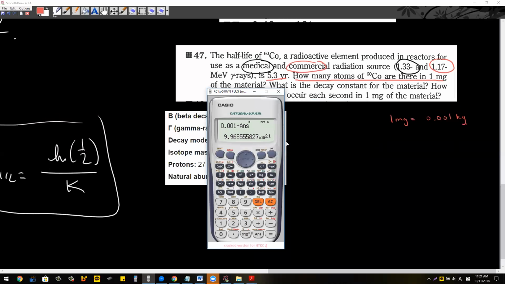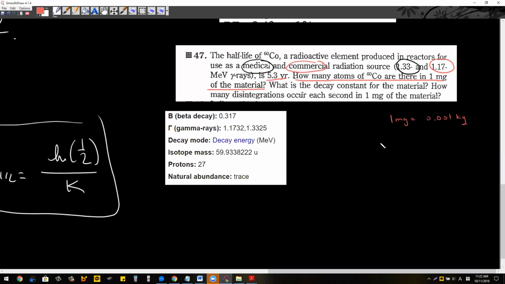decimal. Is it supposed to be 0.0001? Could be, yeah. Wait, so 1 milligram is the same as 1 times 10 to the power minus 3, isn't it? It's 0.0001.